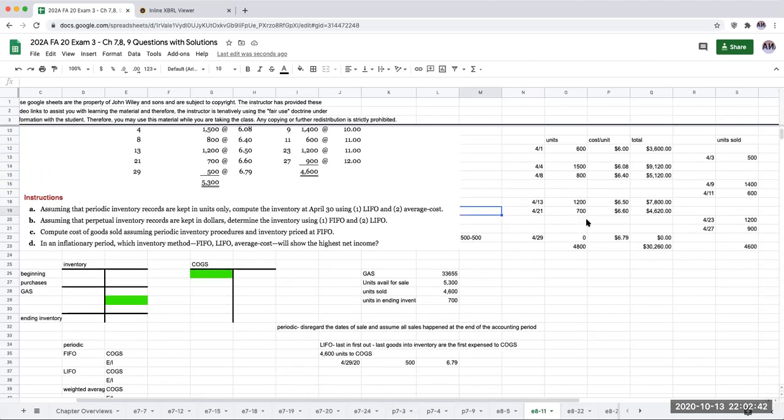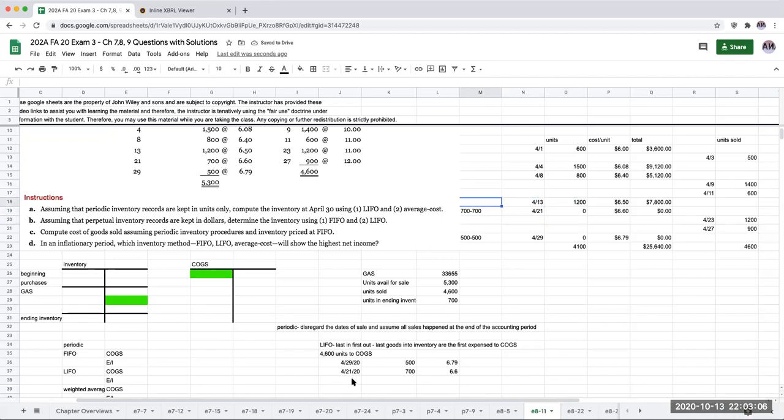So I'm going to take this 421.20. This is going to be 700 units at 6.60. Once I take this to cost of goods sold, this is gone.